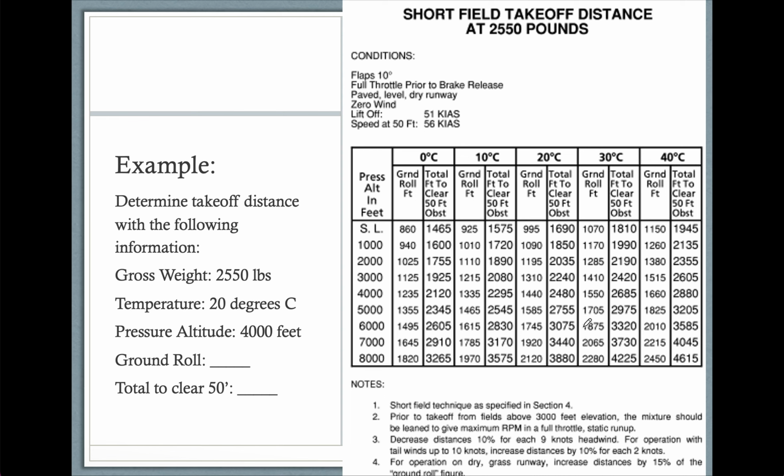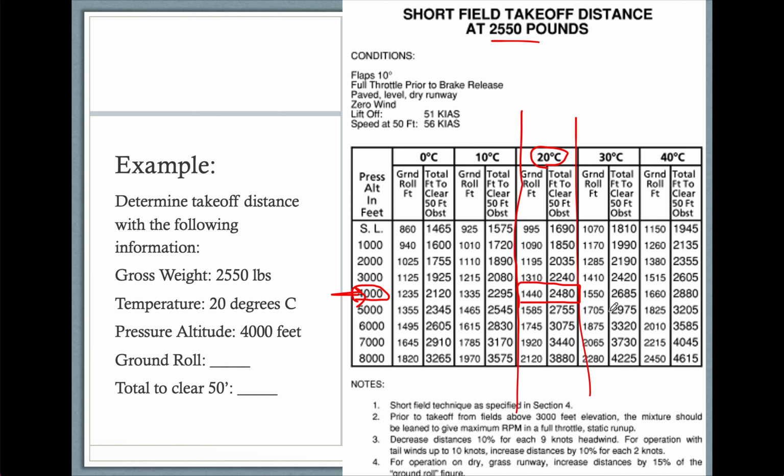So let's start out with a pretty easy one. Okay, we're at our 2550 chart. We're at 20 degrees Celsius, and we're at 4,000 feet pressure altitude. I want to know how much ground roll it's going to take to take off, and then our total to clear 50 feet. So again, we're in this column, and we're on this row. Those are my answers.